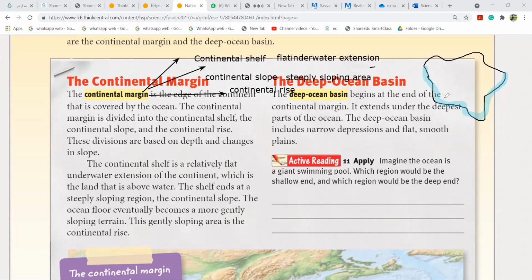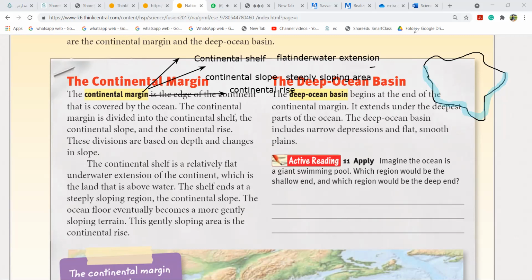And you have three things here: continental shelf, continental slope, and continental rise. As I told you, the shelf is flat, the slope is a steep area, and the continental rise rises, as you all know very well.